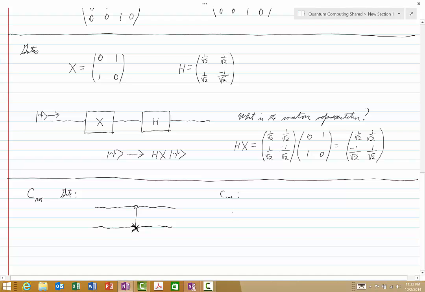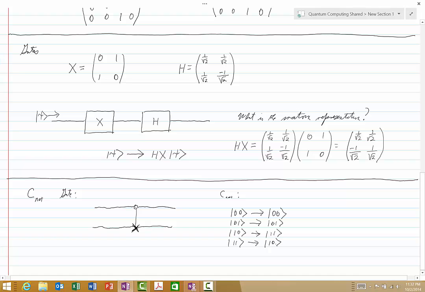And the way that this C0 gate works, it will do the following. The 00 ket will be sent to the 00 ket. Likewise, the 01 ket will be sent to the 01 ket. But the 10 ket will be sent to the 11 ket, and the 11 ket will be sent to the 10 ket.